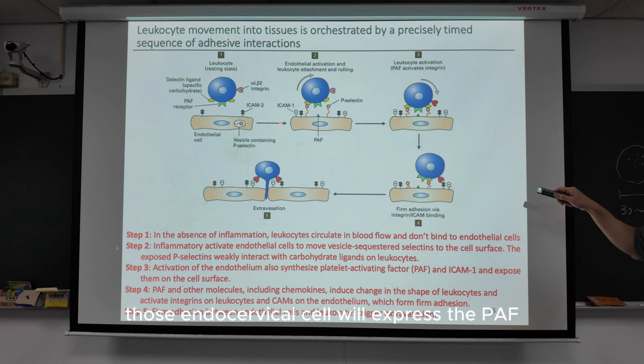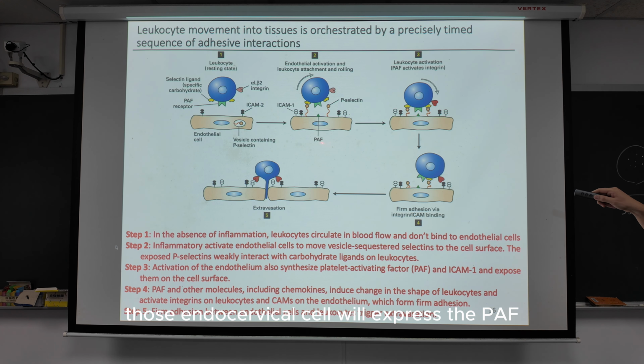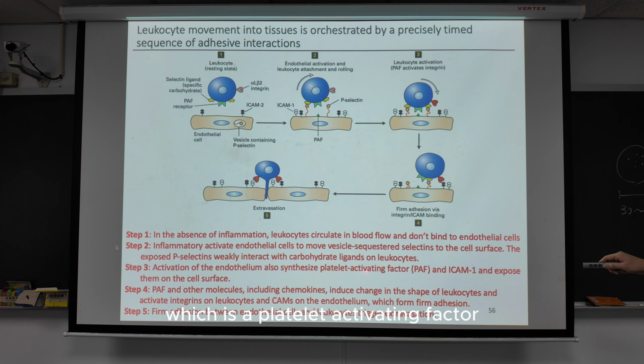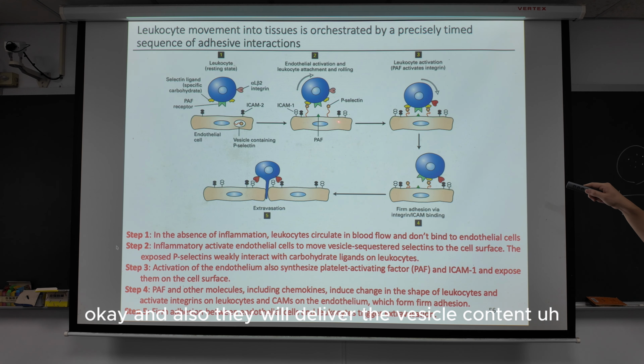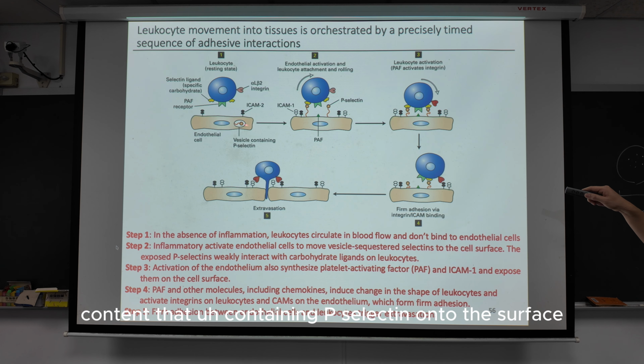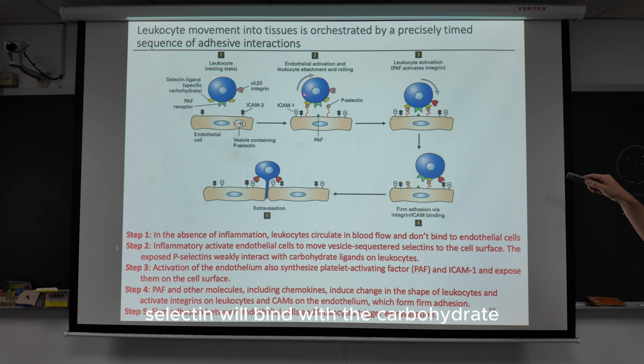Those endothelial cells will express PAF, which is platelet activating factor, and it will bind with the PAF receptor on the leukocyte. Also they will deliver vesicles containing P-selectin onto the surface. So P-selectin will bind with the carbohydrate on the surface of the leukocyte.